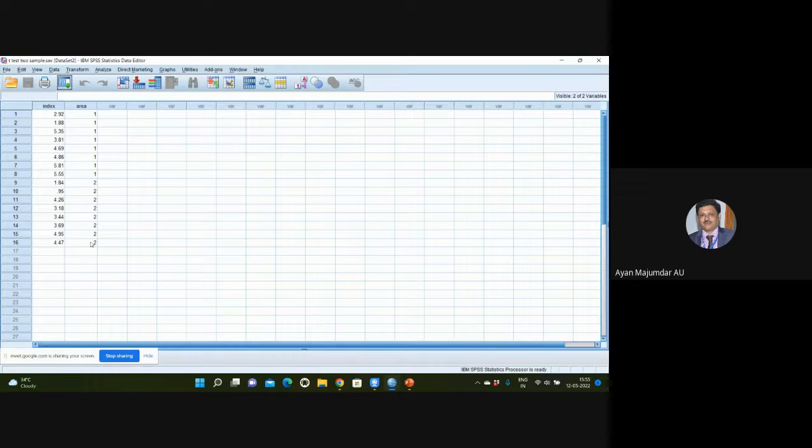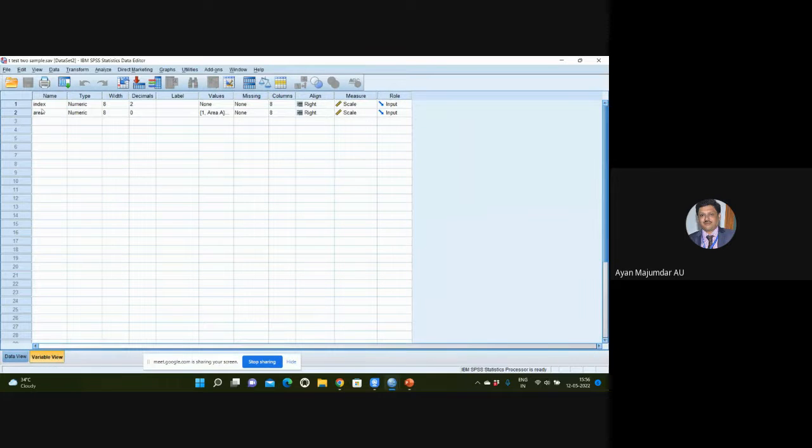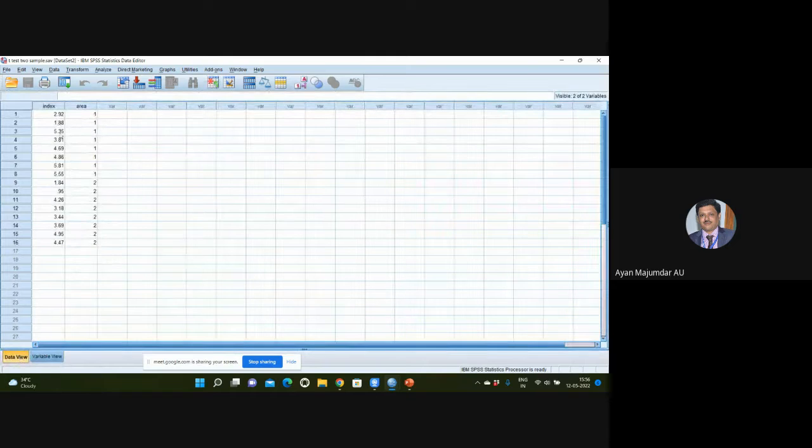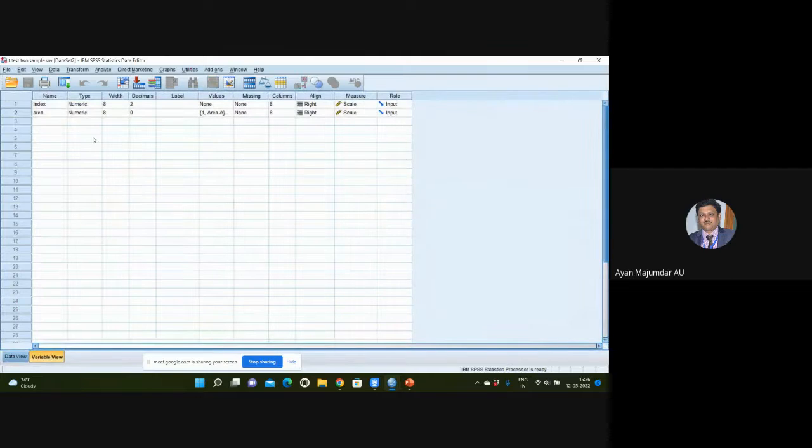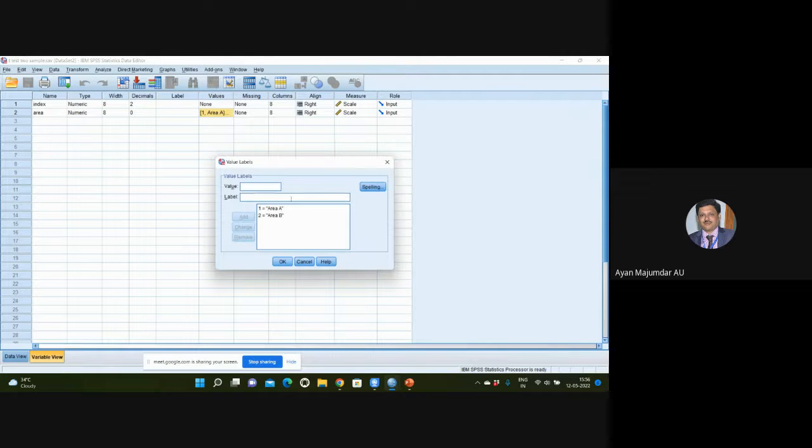SPSS cannot understand area A, area B, area C, or town XYZ. It will understand 1, 2, 3. So when we are entering this data in SPSS in the variable view, one is the index, that is the actual reading of the pollution, and next is the area. Under value, see already area A and B is given. How to put it? If there is a third area, that is C.